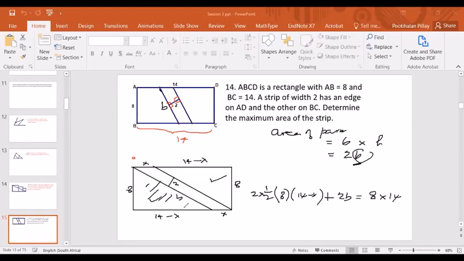Okay, so now the question is, how do you work out b? Let's just do this. 2 times half is 1, and here you've got 8 times (14 minus x) plus 2b. On the other side, you've got 112, and b is the square root of 8 squared plus (14 minus x) all squared.